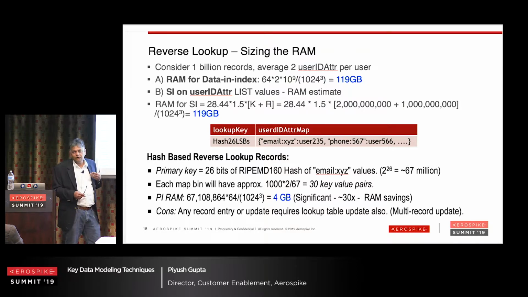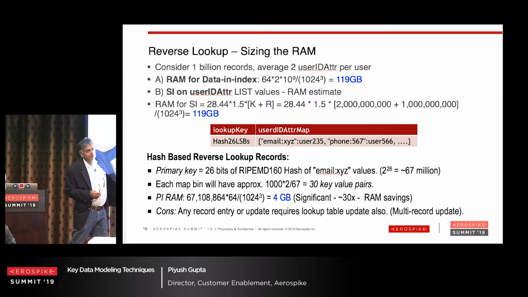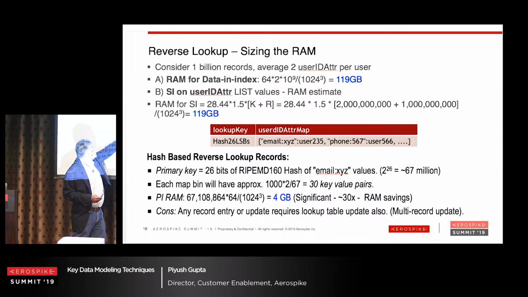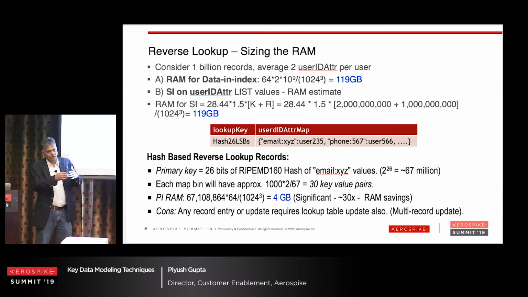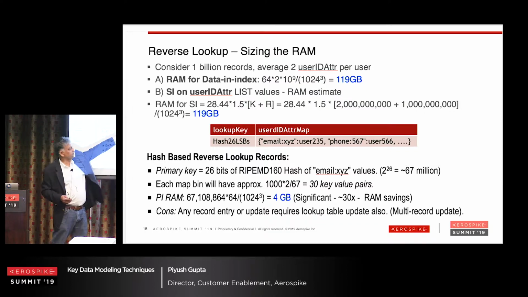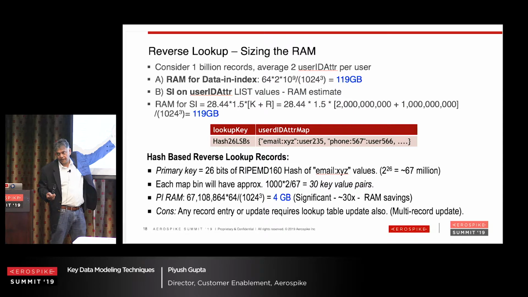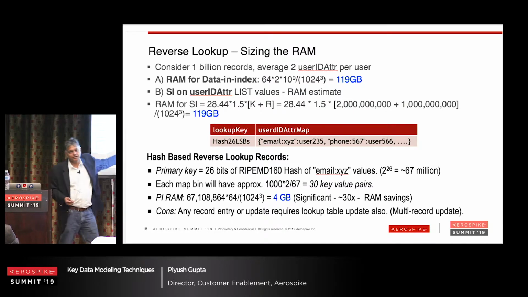So once you give me a phone number, I'm going to compute its hash, look at the 26 bits of the LSBs of that hash, and against that I'll have a record which will list me against the email every user ID and phone every user ID. So now what is happening is a whole bunch of different records will end up in this hash depending on the hash, right? But I got a reverse lookup table with a 30x compression.